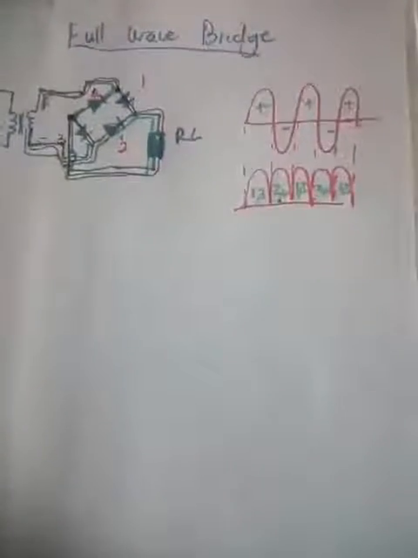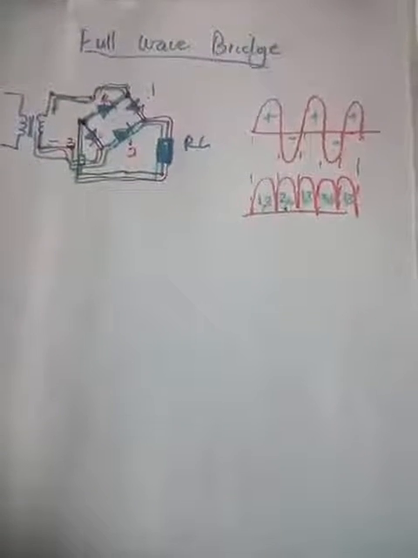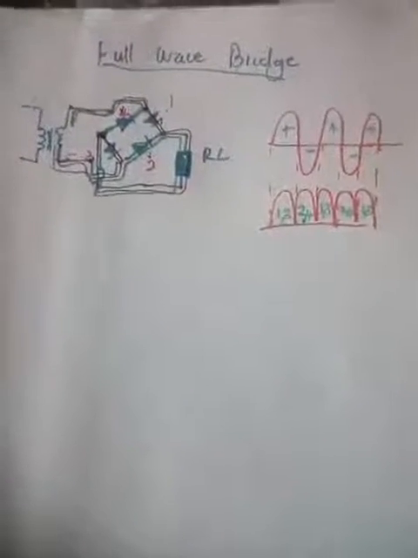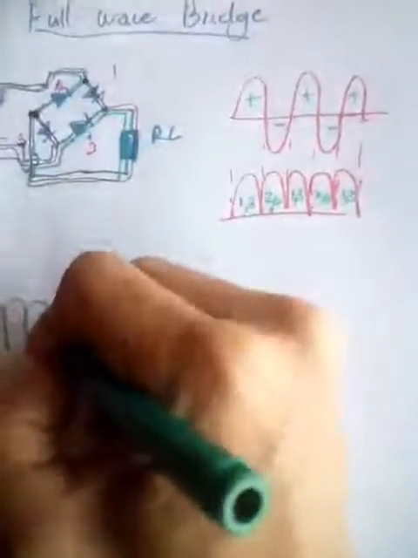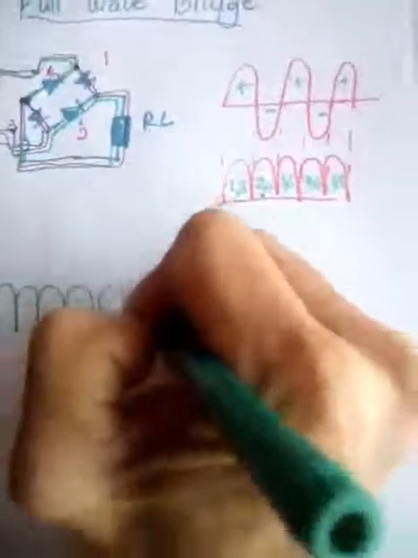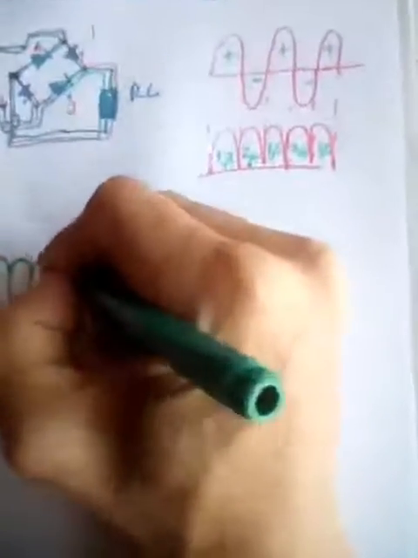Then there is the smoothing capacitor, which is on page 75. You can read through it. The purpose of a smoothing capacitor basically is to get rid of this part here. Remember, you had this on your output. You want to get rid of that part there.